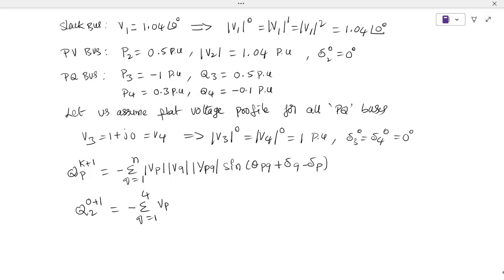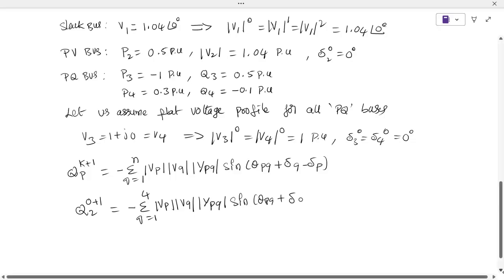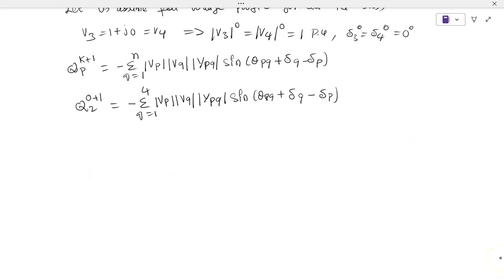Now write the formula V_p V_q Y_pq sin(theta_pq plus del_q minus del_p). This is Q2 1, that is the reactive power value by the end of the first iteration.